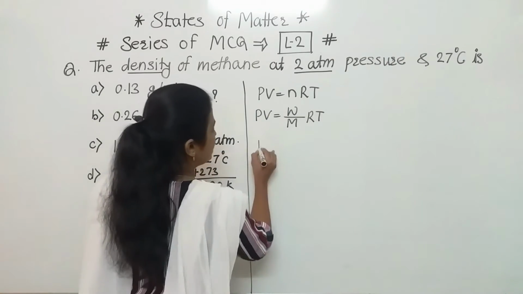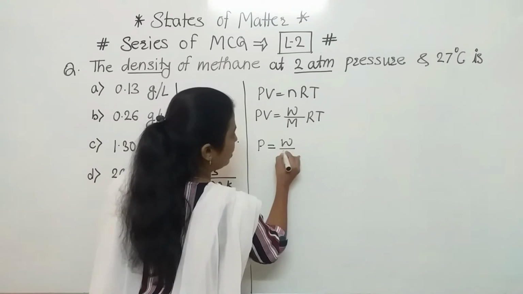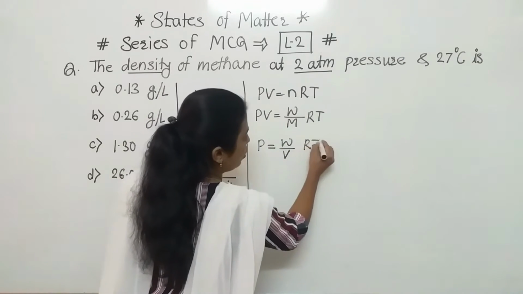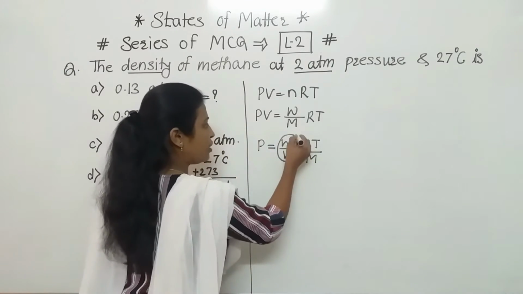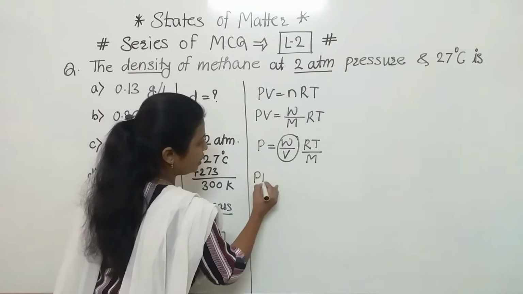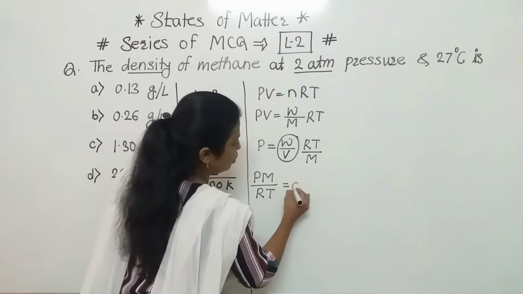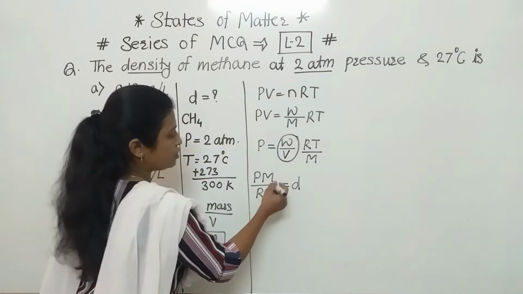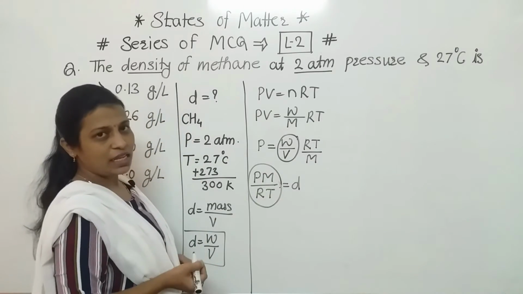Yes. P is equal to W by V into RT divided by M. So instead of that we take the density, and the formula will be PM divided by RT is equal to density.